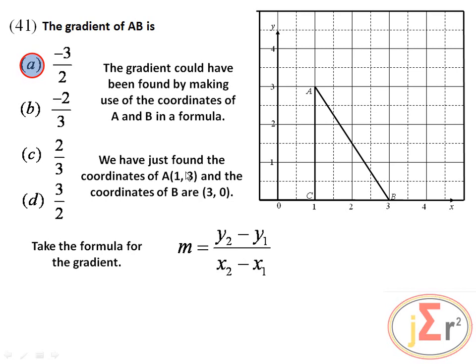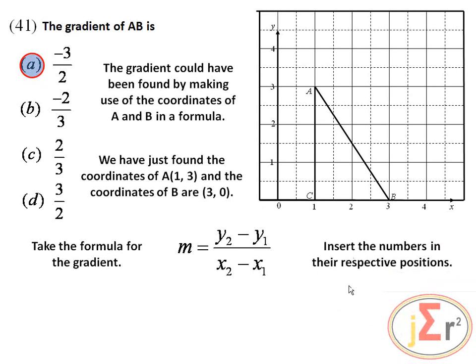Or we may say 3 minus 0 over 1 minus 3, as long as we are consistent with where we begin and where we end.